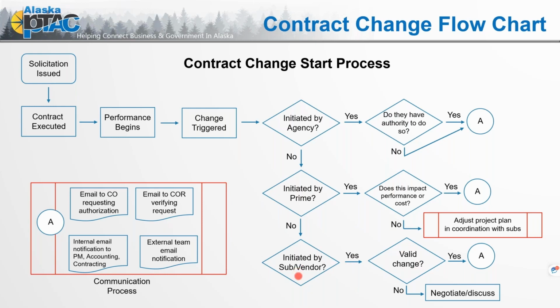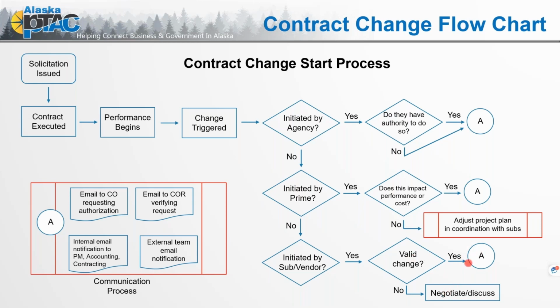Because if we remember, contract privity is between the agency and that prime contractor, but when you do have vendors and subs, that actually can impact the process and the completion. So we want to know, is that a valid change? No, not necessarily. Well, maybe you need to negotiate and discuss that with your prime contractor, because it could be terms or something within, but it doesn't actually impact the overall scope, the completion of that performance work statement or that scope of work.